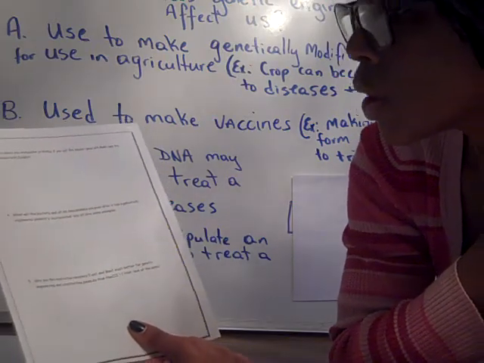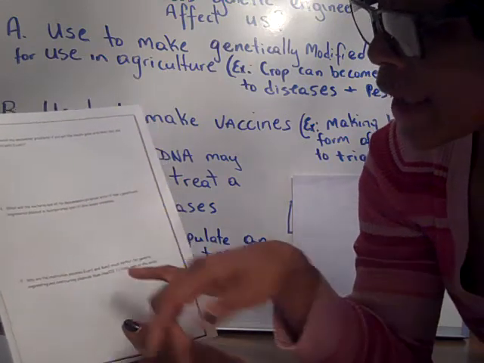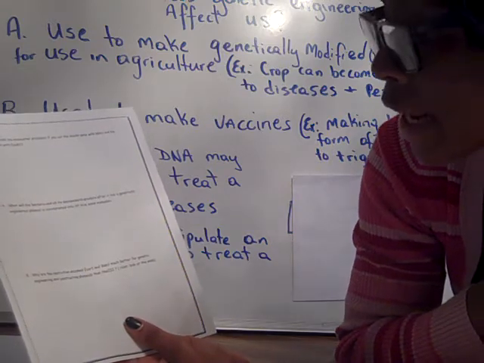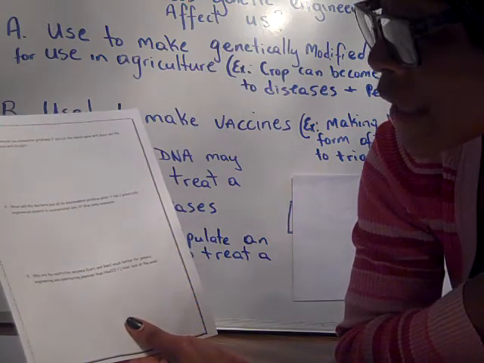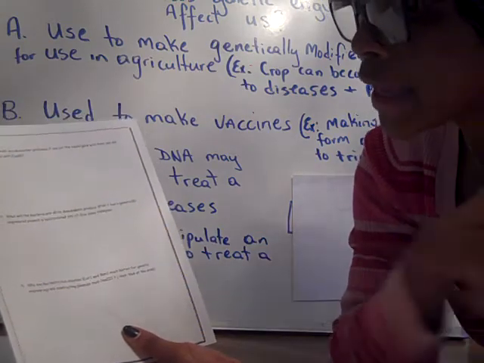Number 5, why are the restrictive enzymes, the EcoR1 and the BAM1, better for genetic engineering and constructing plasmids than HAE 1, 2, 3? All right, so once again, let me just rephrase that.